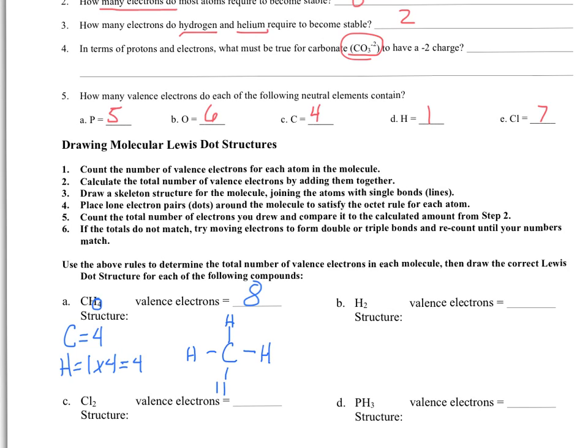And each of those lines represents 2 electrons. So for carbon, we have 1, 2, 3, 4, 5, 6, 7, 8 electrons. Well, we only have 8 valence electrons total. Carbon has the 8 that it wants. Each of the hydrogens has the 2 that they want, so this guy is good to go.